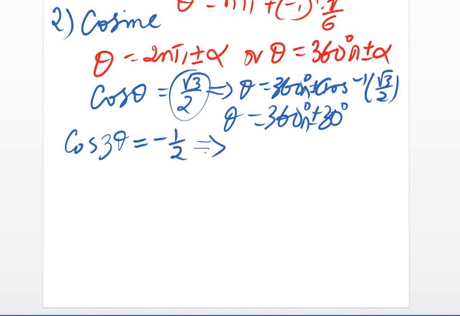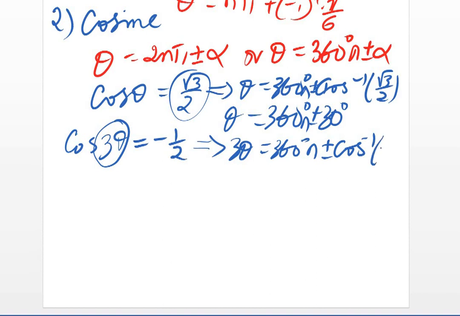Okay. This implies you will say 3 theta will be 360 degrees n, because this one now is our angle, 3 theta, a multiple angle, plus or minus cos inverse. Remember, when we say cos, for us to have the angle, we look for the trig inverse.